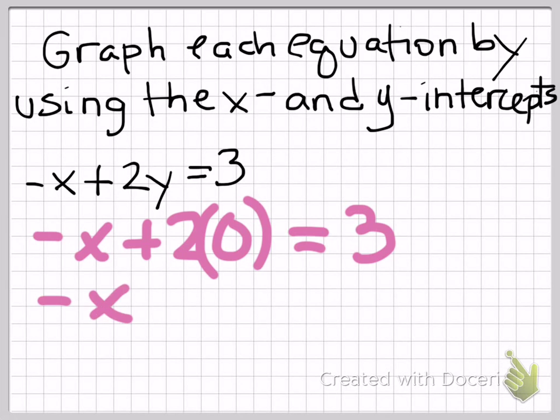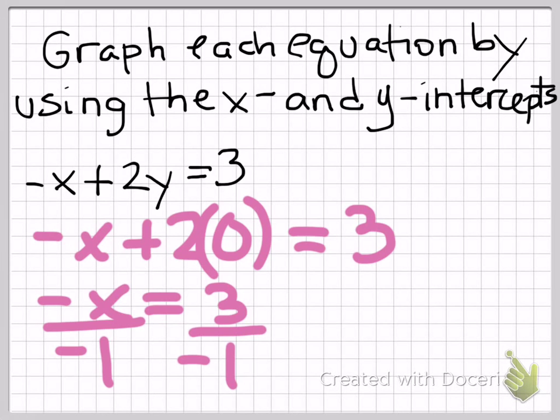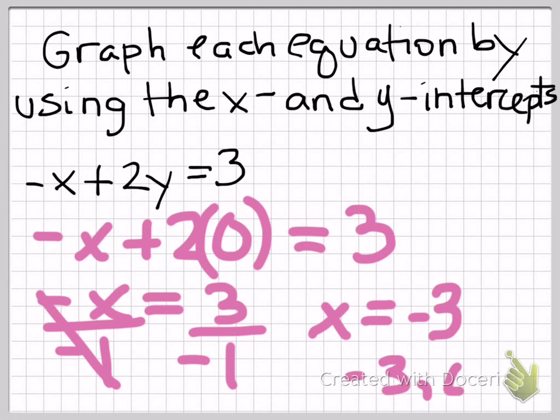So I have negative x plus 2 times 0, which is 0. So negative x equals 3. I can't have a negative variable, so I'm going to divide both sides by negative 1. So x would be negative 3. So that would be my x-intercept. I would write that as a point, negative 3, 0.